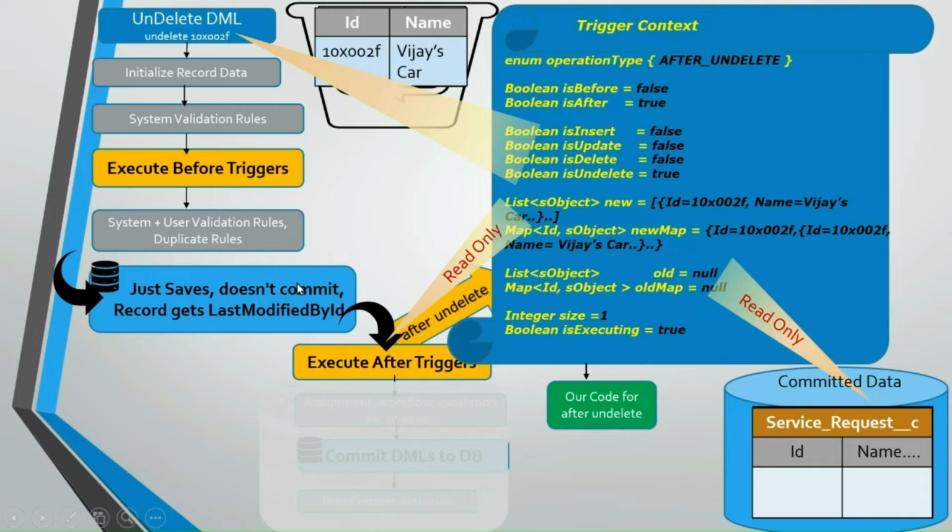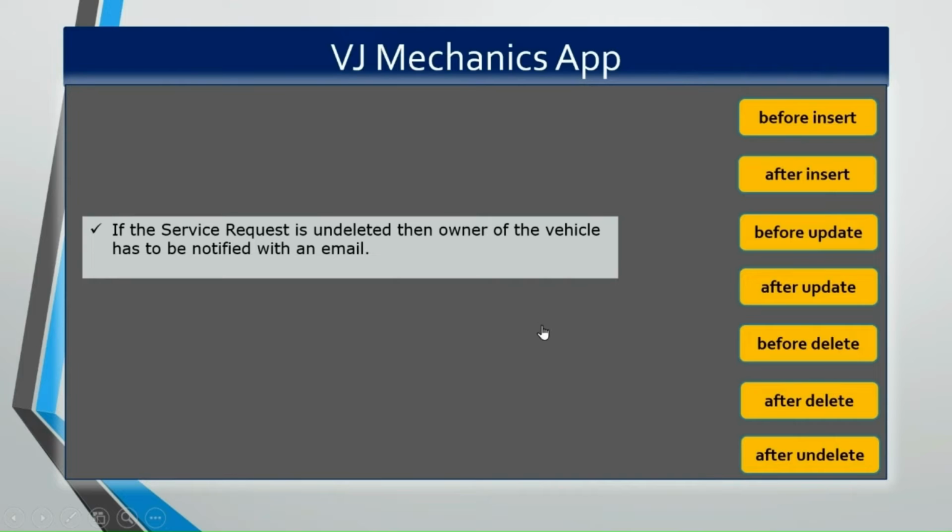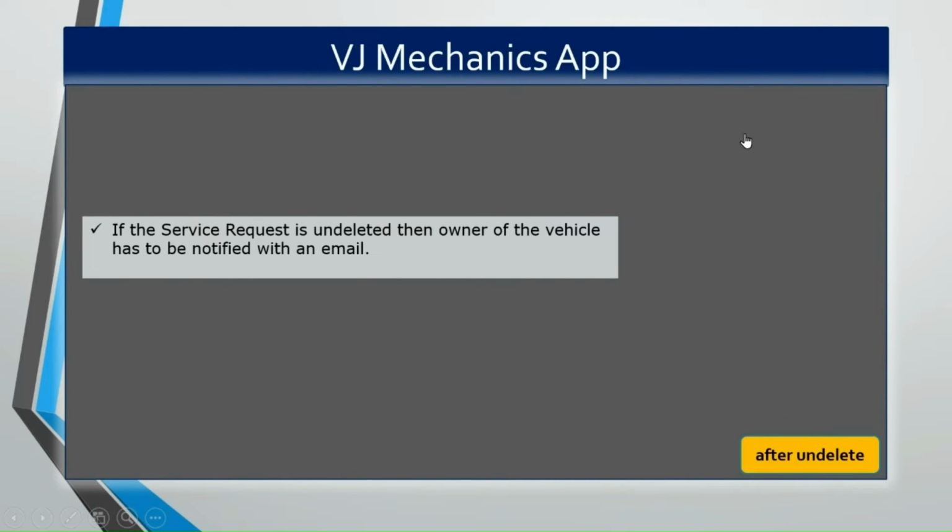That means on this step it performs the undelete operation, and within the same transaction we are sending an email after the system performed the undeletion. Since this requirement is talking about undelete, we can filter out all the remaining trigger events, and for this requirement the perfect trigger event is after undelete.